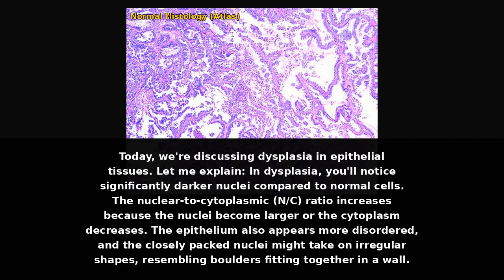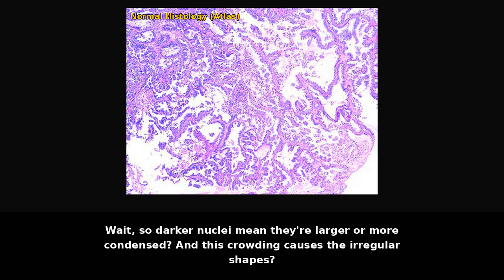The epithelium also appears more disordered, and the closely packed nuclei might take on irregular shapes, resembling boulders fitting together in a wall. Right, so darker nuclei mean they're larger or more condensed.